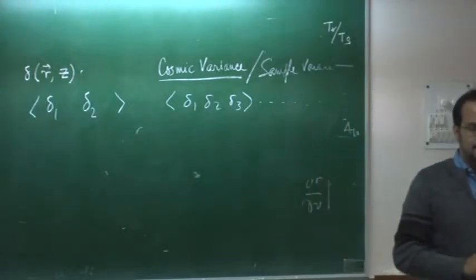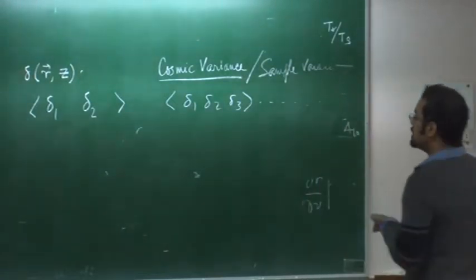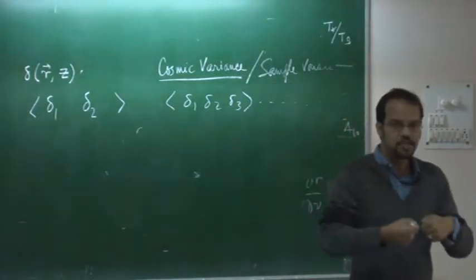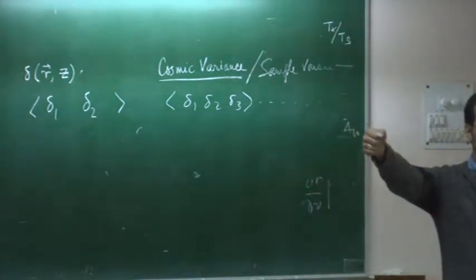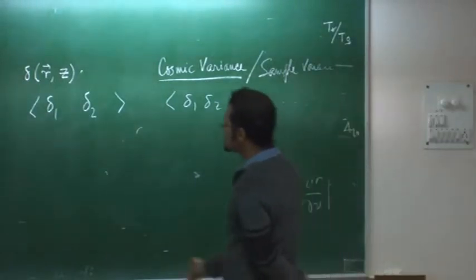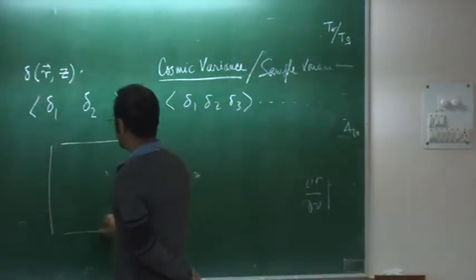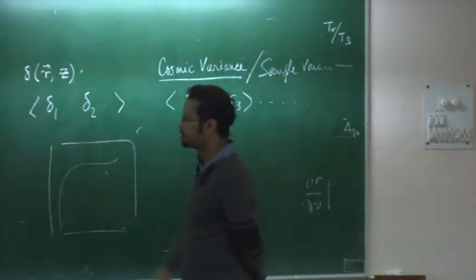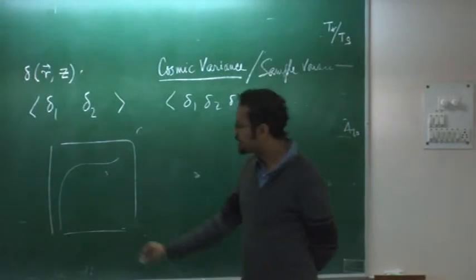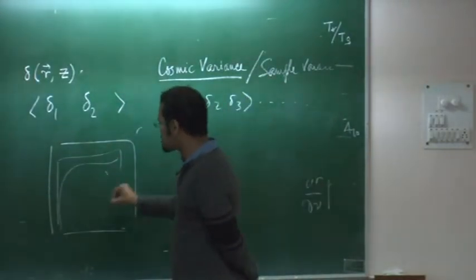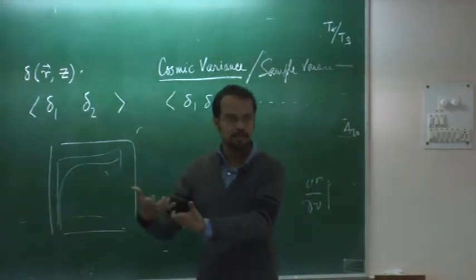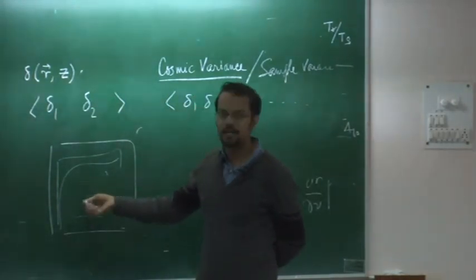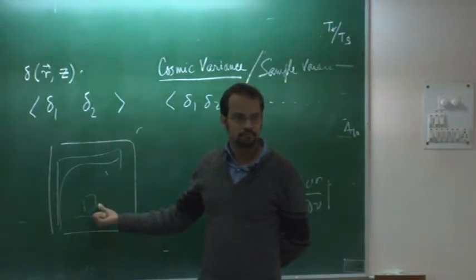However, there is a restriction. For example, you are trying to measure something which itself is a feature at very large scale. So for example, if you want to measure a fluctuation of very large scale, some large scale feature, clearly your box has to be very big, because if you take a very small little patch, that feature won't even show up there, right?